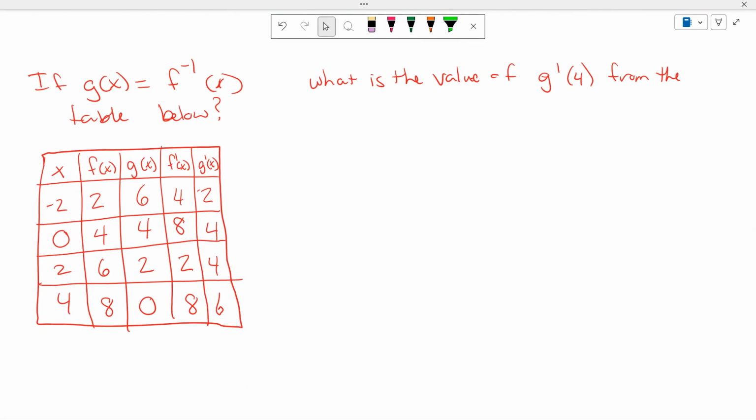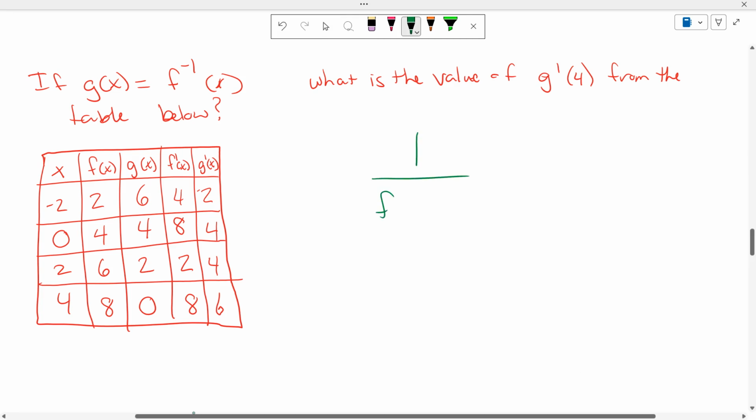What is the value of the first derivative of g of 4 from the table below if g and f are inverses of each other? So it's 1 over the first derivative of f of g of 4.